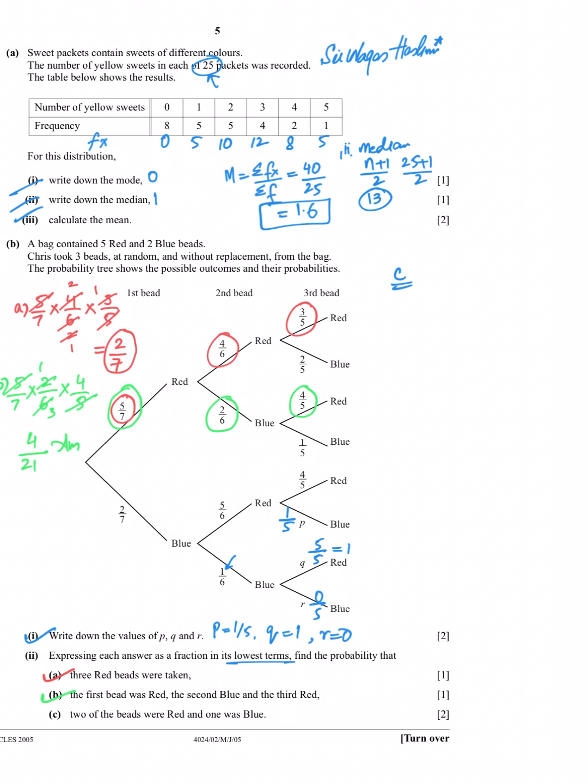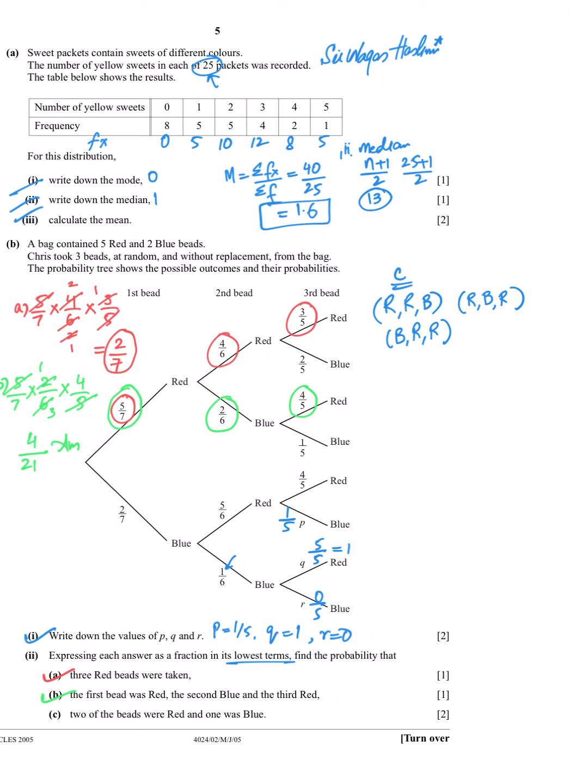So it is quite possible that the first bead is red, the second bead is red, but the third bead is blue, because that is my ultimate goal, right? That two of the beads should be red and one is blue. Or it can be in this way: red, blue, red. Or it can be blue, red, red. I think that's it. There are three cases possible.